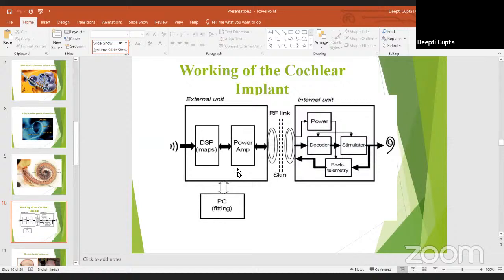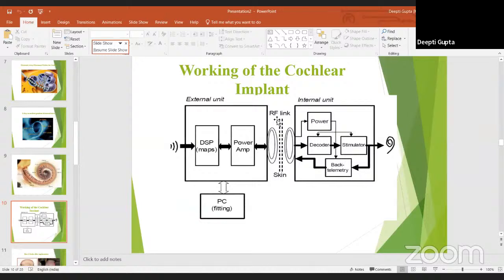And after that, because this has the power amplifier, definitely we have a battery, because only the outer part of the ear has the battery. So it is giving us the power. And because we are sending the signal through an RF link only, we cannot send an analog signal. So we need to convert it into digital form.